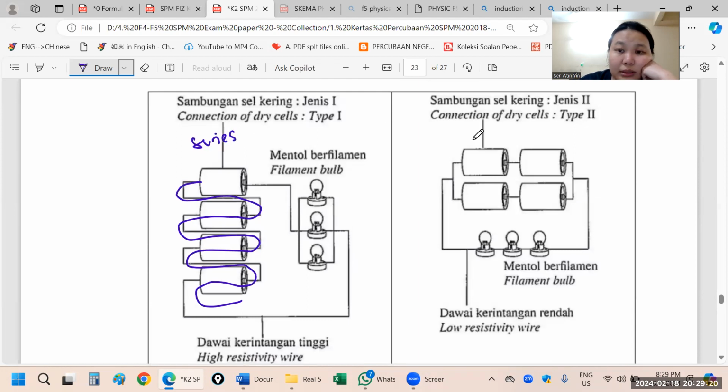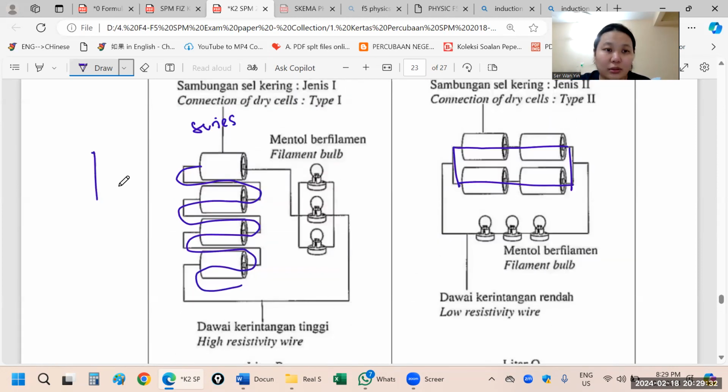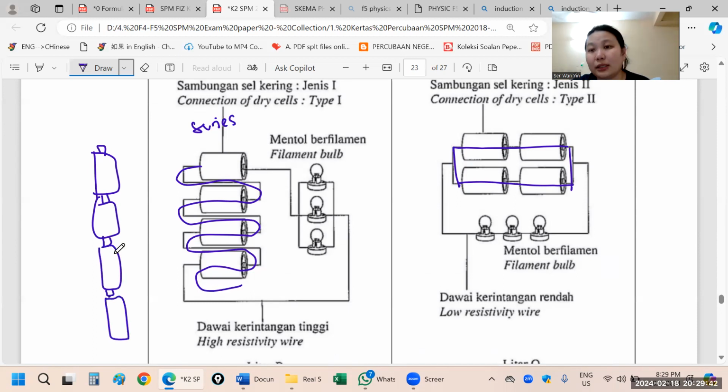This is series. And this one is series and parallel. Normally the battery is drawn like that. Series. But now they draw like this. Still series. They try to cheat you.